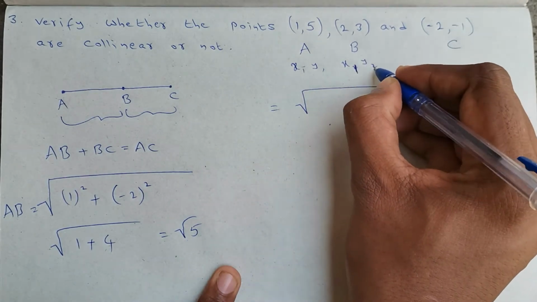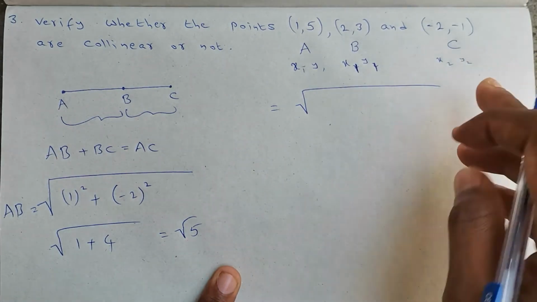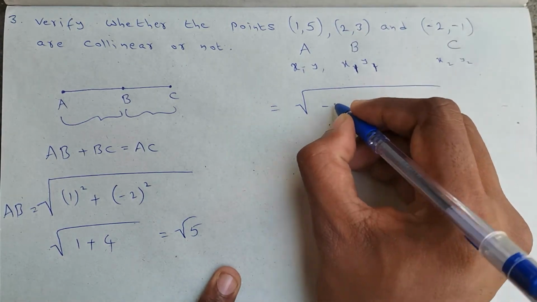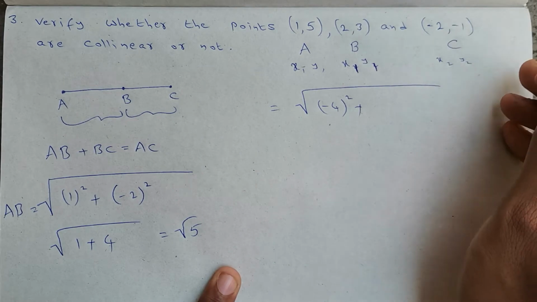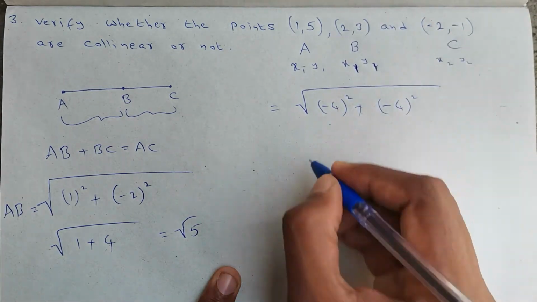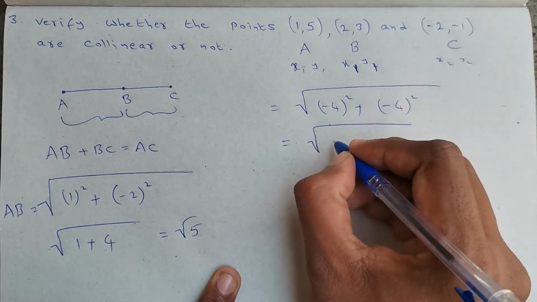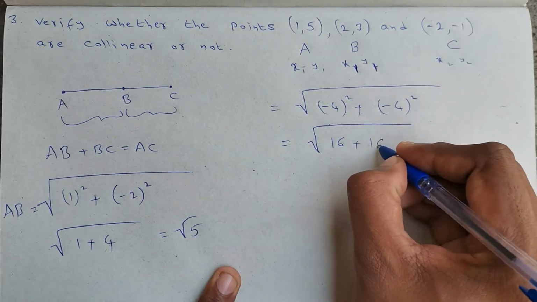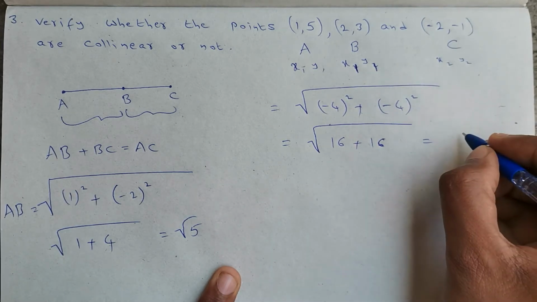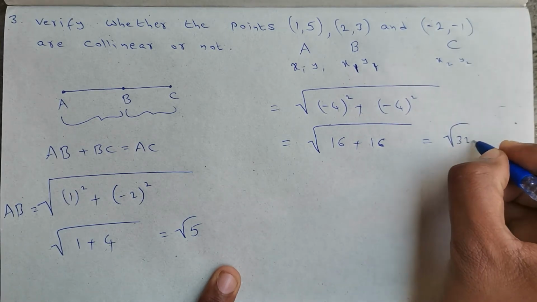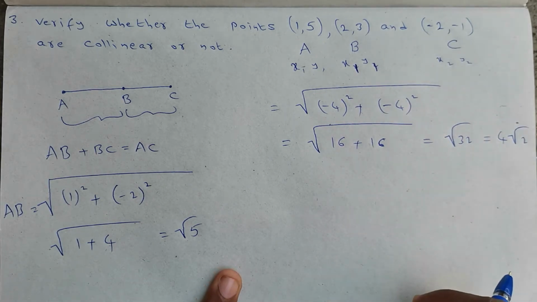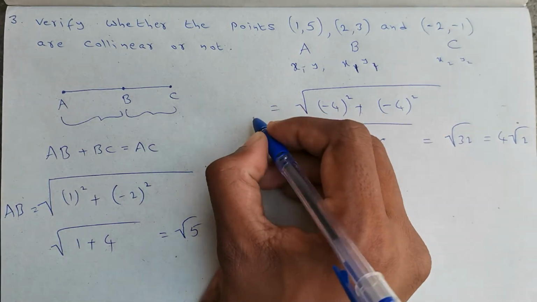This I am taking as x1, y1 and this I will take x2, y2. x2 minus x1 is minus 2 minus 2, minus 4 whole square, plus y2 minus y1 is minus 1 minus 3, minus 4 whole square, which is equal to under root minus 4 whole square 16 plus minus 4 whole square 16, which is 16 plus 16, 32, root 32. Root 32 is 4 root 2. Next, this is the BC distance.